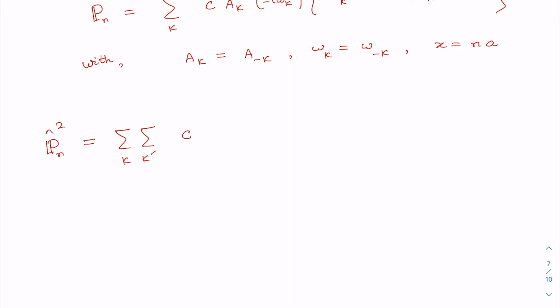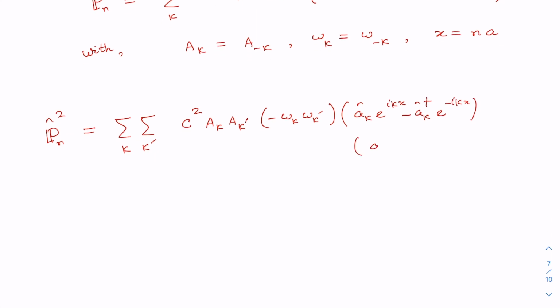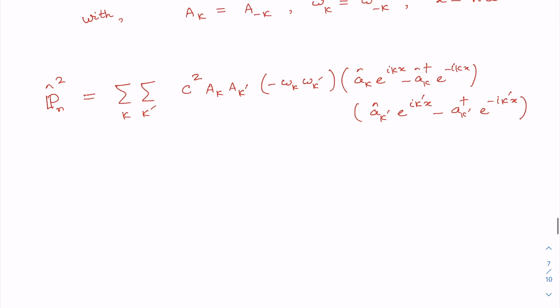If I square it, I will have C squared, and going minus times minus gives plus, while the i squared gives minus, so I will have minus omega_k omega_k dash, times (a_k e to the power ikx minus a_k dagger e to the power minus ikx), all these being operators, times (a_k dash e to the power ik dash x minus a_k dash dagger e to the power minus ik dash x). Okay, now let me expand it.